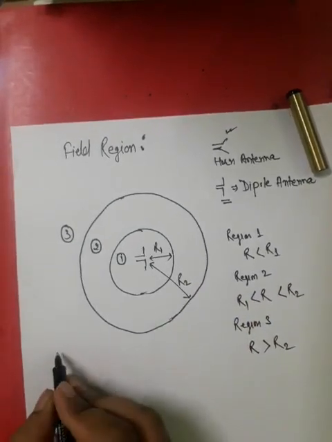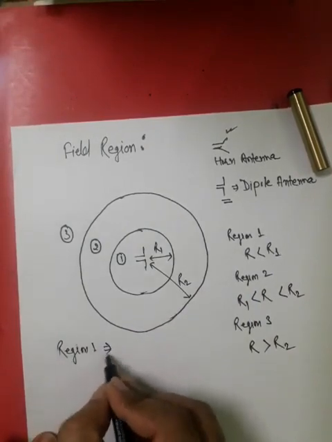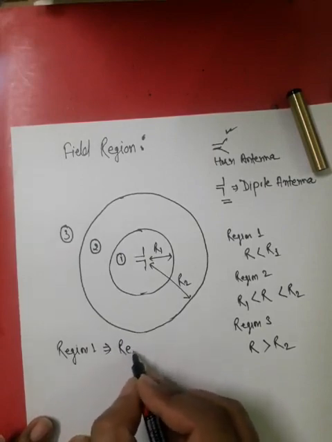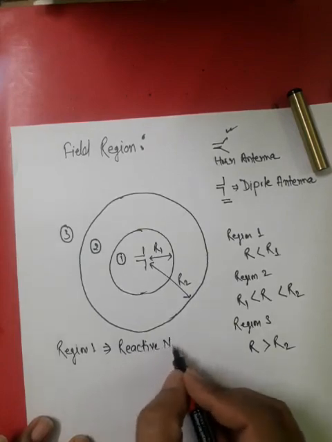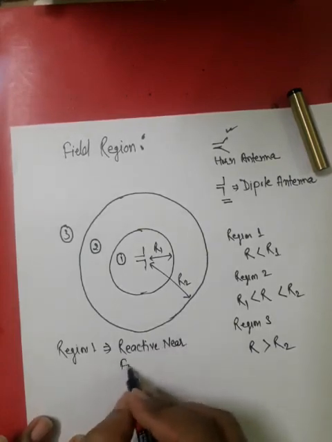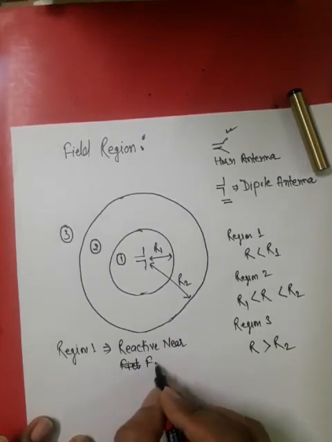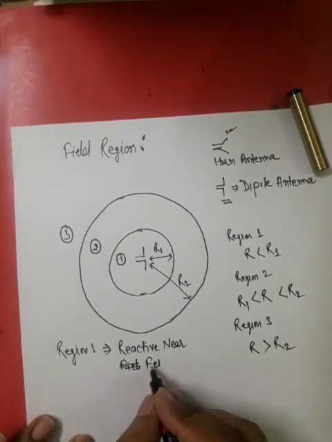So region 1, which I have just written, is called the reactive near field.